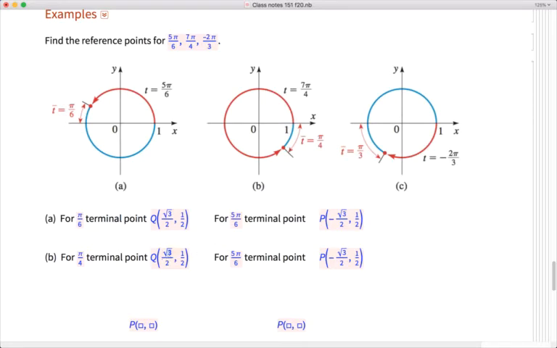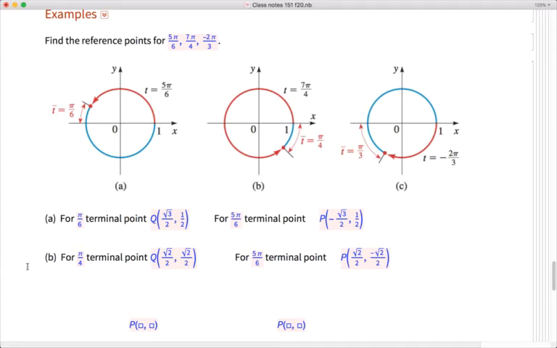Okay, so we try from memory to come up with the terminal point for pi over 4. And that's up here. And now we make the adjustment. The point that we actually want, instead of at pi over 4, it's down here in the 4th quadrant. And so the adjustment that we need to make is in the 4th quadrant. The y coordinates are negative.